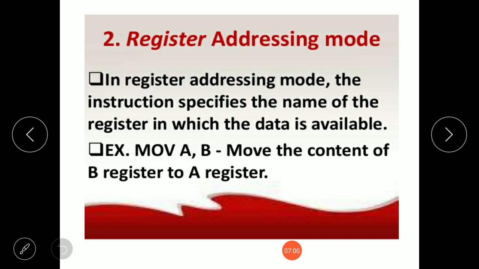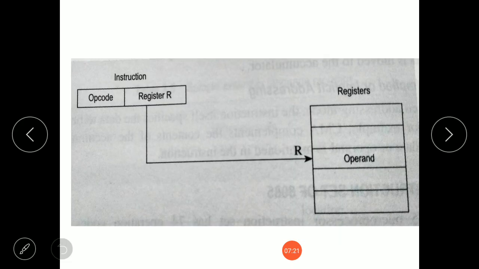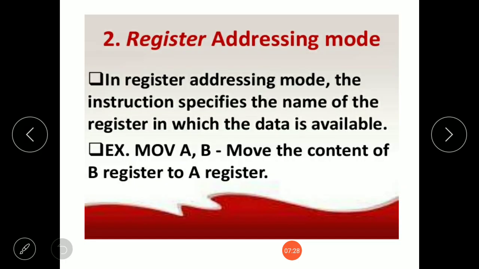Now, for example, MOV A, B. In this instruction, both the source and the destination operands are general purpose registers. This is the format for register addressing mode. Here I have shown the instruction, for example MOV A, B: opcode and operand, that is opcode and general purpose register.